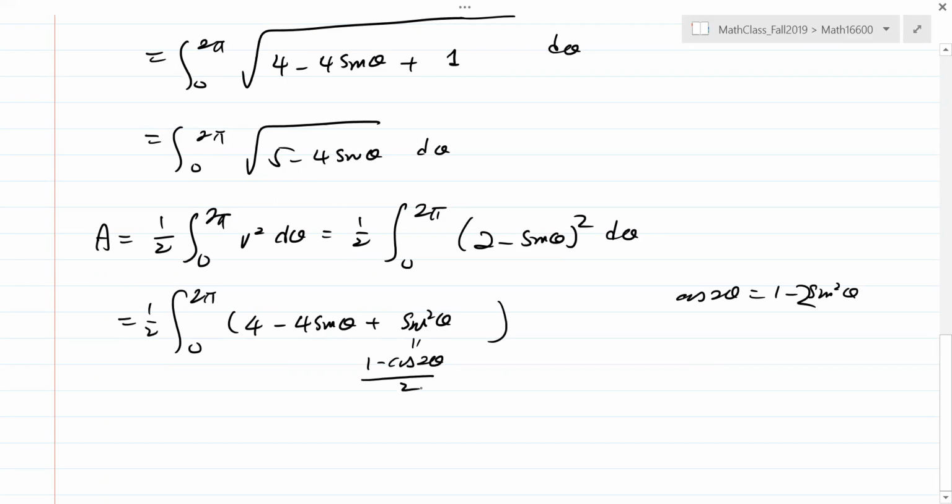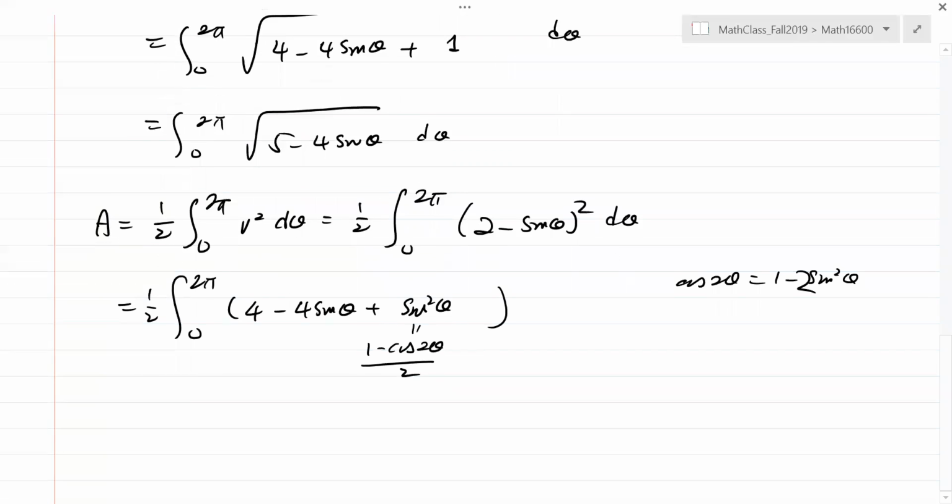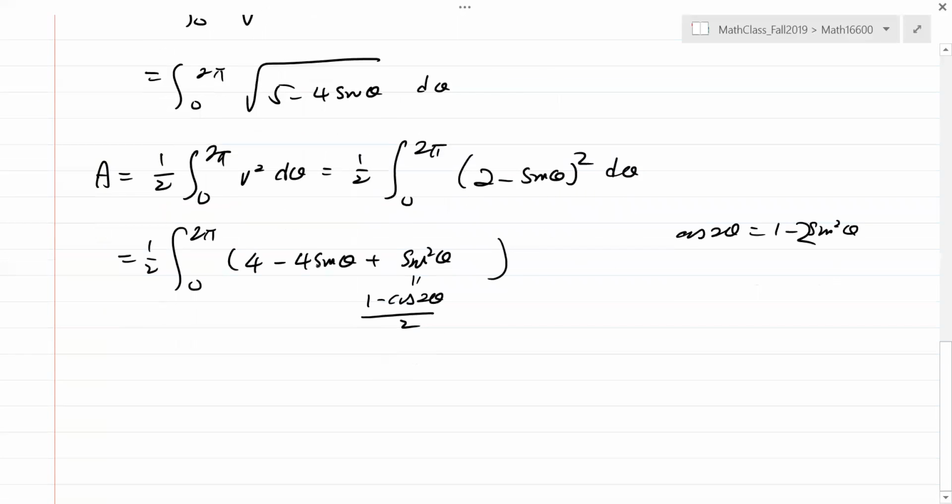So for sine squared theta, you get 1 minus cosine 2 theta over 2. The integral of sine theta and the integral of cosine 2 theta will be all gone. And 4 plus 1/2 is a constant, where the 1/2 comes from here. Then multiply by 2 pi, and the answer would be 9 pi over 2. This is the area, which can be evaluated easily.